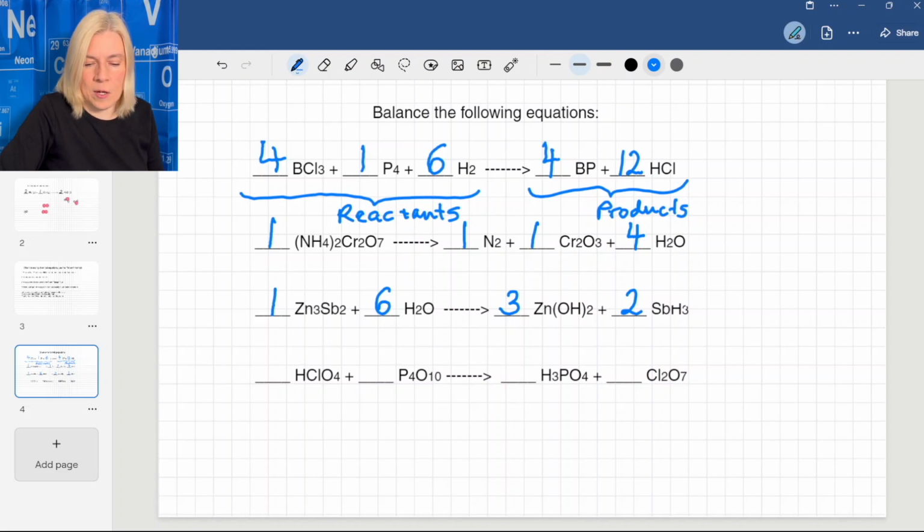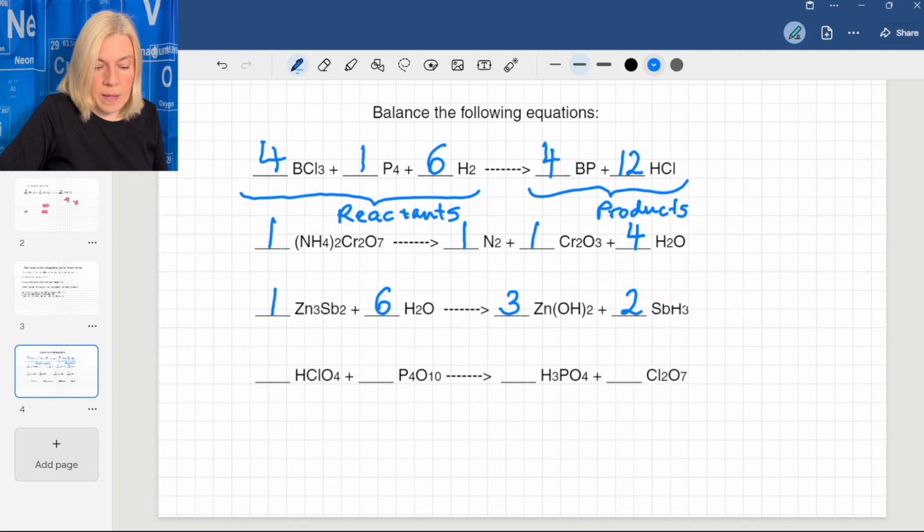Last one, let's go. I need to put 1 in front of a most complicated substance, and I'm quickly looking at this, and I see there is oxygen all over. Every compound has oxygen. Do not touch this. I'm going to use oxygen as my something to double check if I balance the reaction. I need to put 1 in front of some compound.